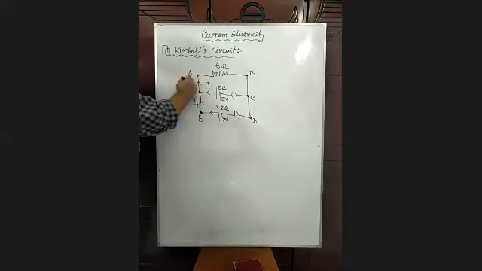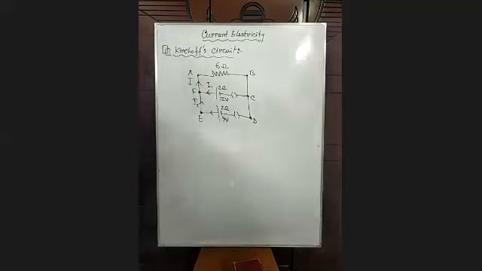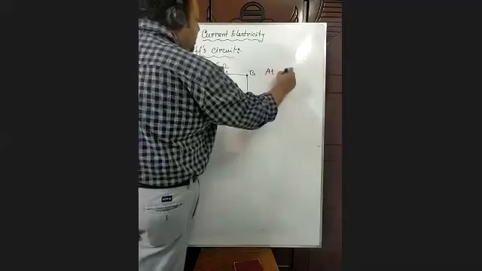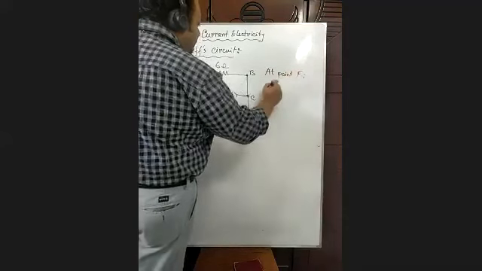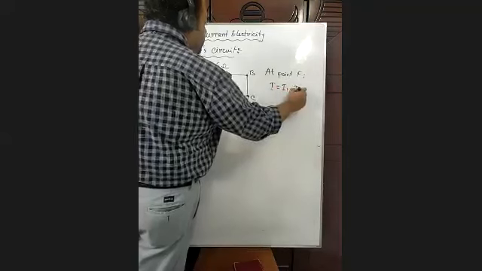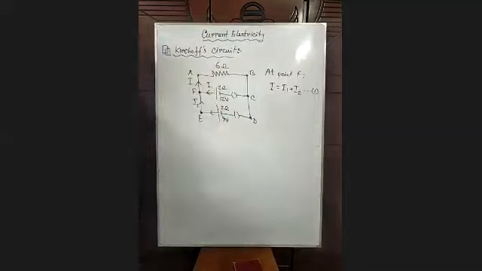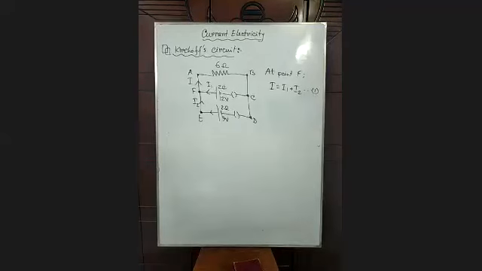I can say it's another current I, which goes away from it. According to Kirchhoff's law, at point F, I equals I1 plus I2. This is our first equation, where the current I is the addition of the two currents I1 and I2.